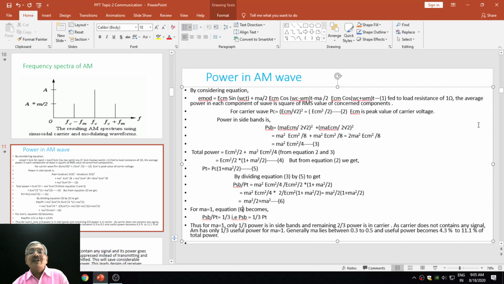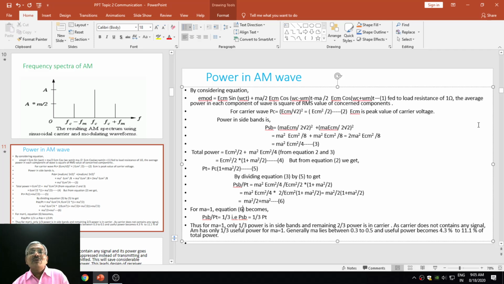The lower sideband has frequency Fc minus Fm and amplitude half that of the carrier wave. The upper sideband has frequency Fc plus Fm and amplitude half that of the carrier wave.